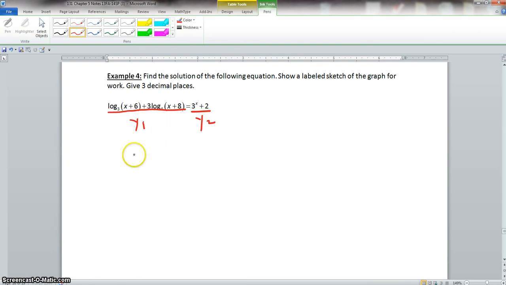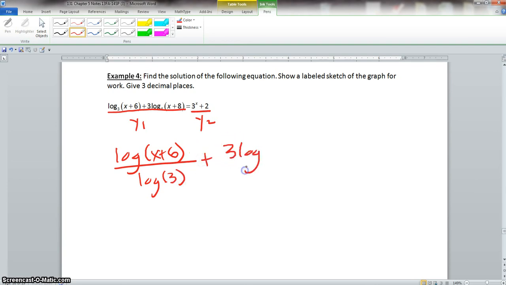Now this would give us log of x plus 6 all over log 3 plus 3 times the log of x plus 8 over log of 4.